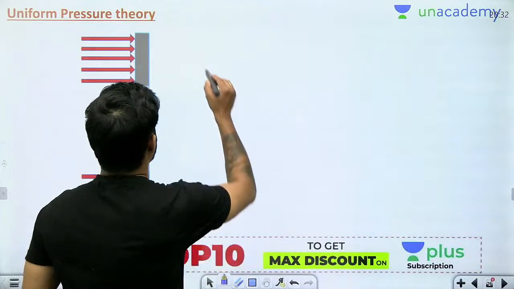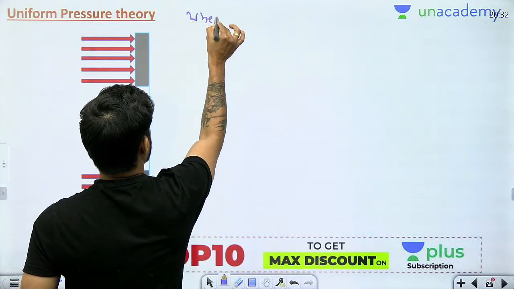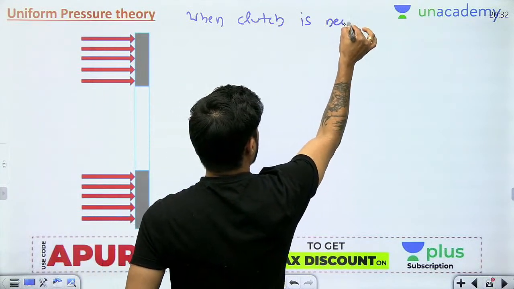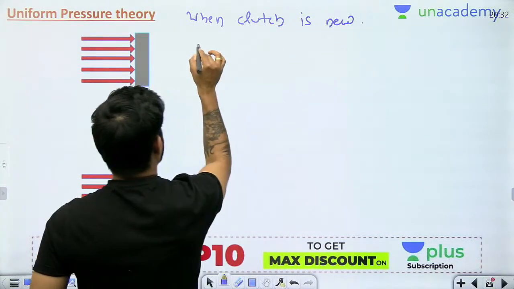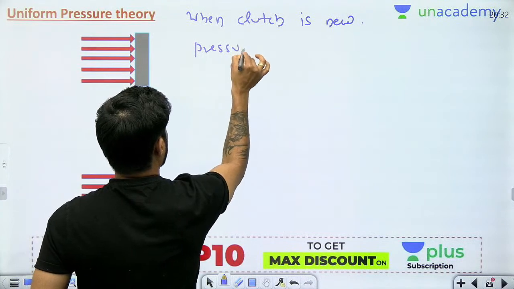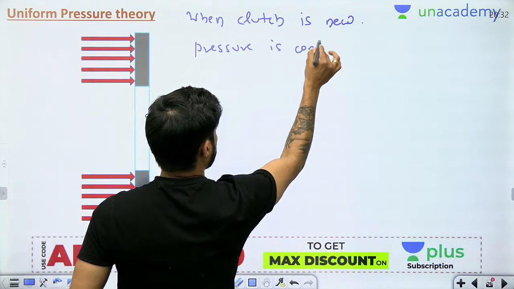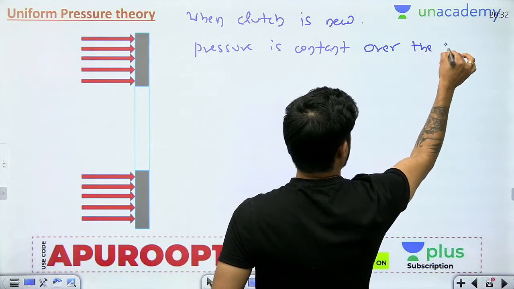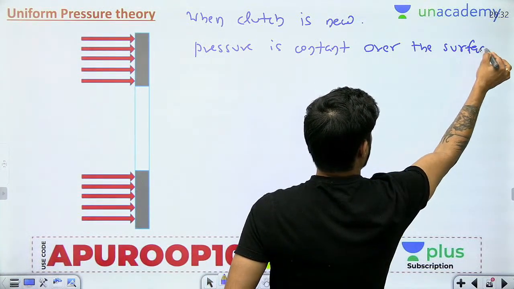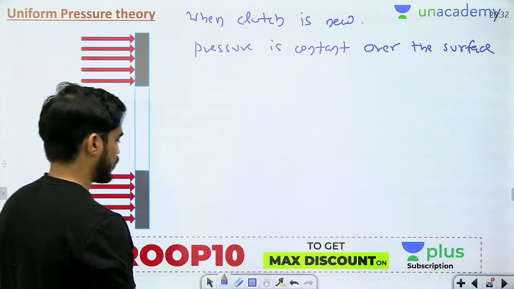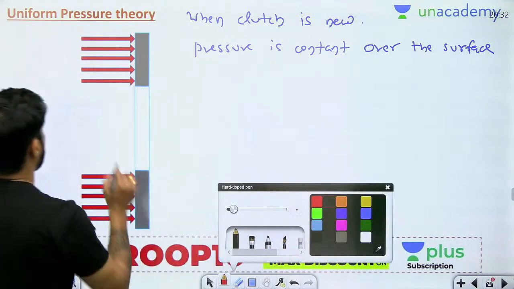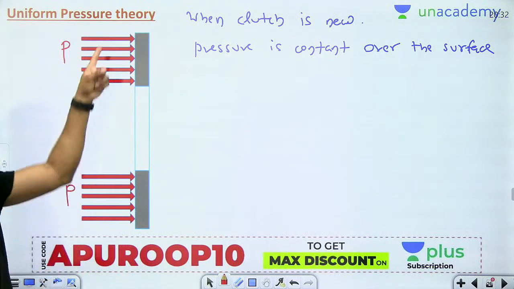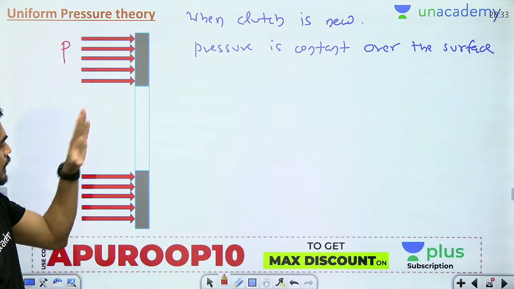When the clutch is new, pressure is constant over the surface. Okay, so beta, if P is the pressure, that means that pressure is constant. You can see that the pressure is constant.